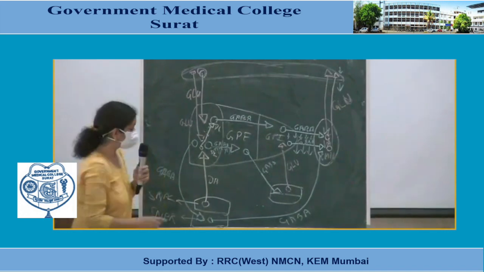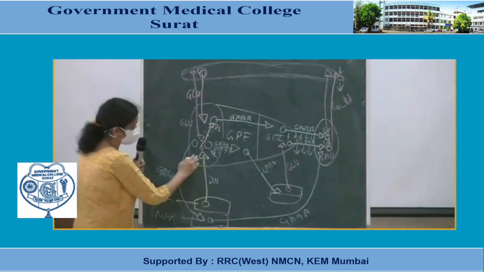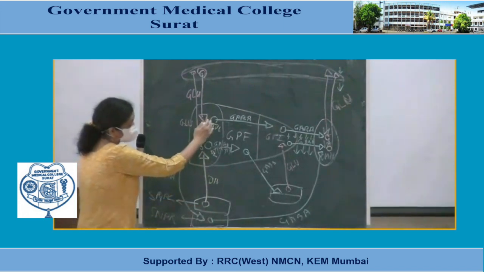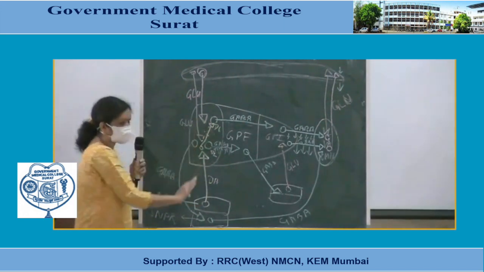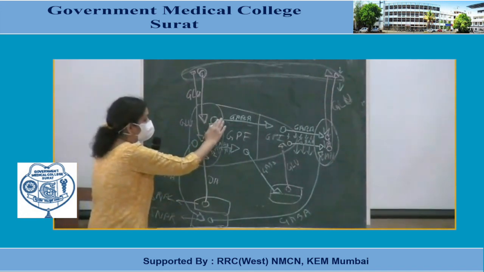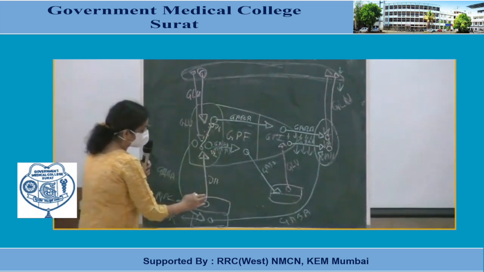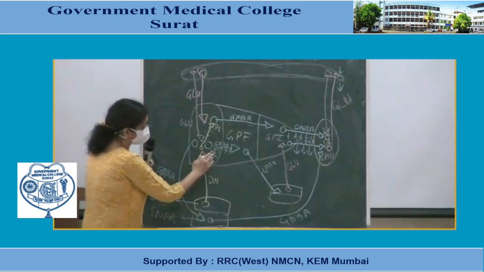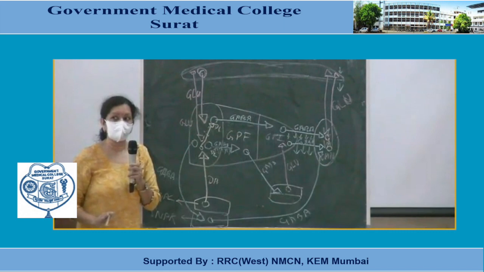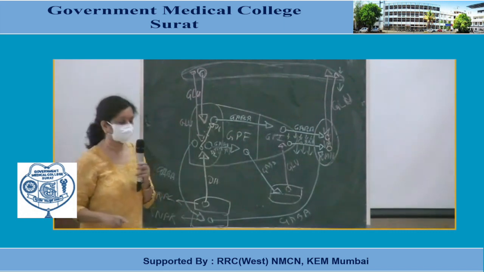I repeat, if the nigrostriatal fibers terminate on D1 receptors, they have a stimulatory effect on the direct pathway. If they terminate on D2 receptors, they have an inhibitory effect on the indirect pathway.